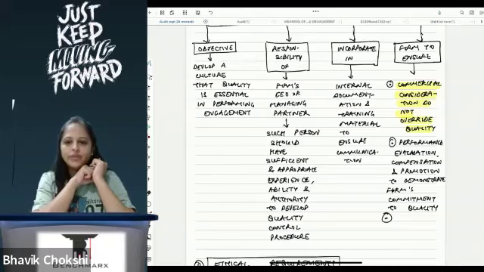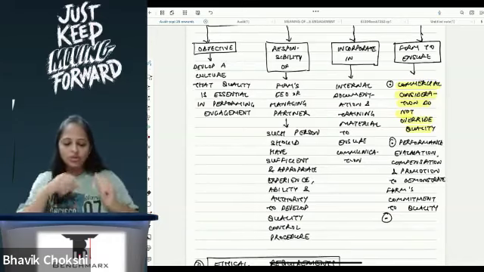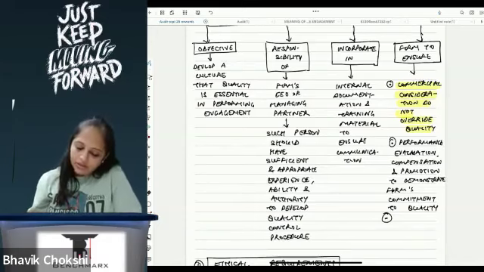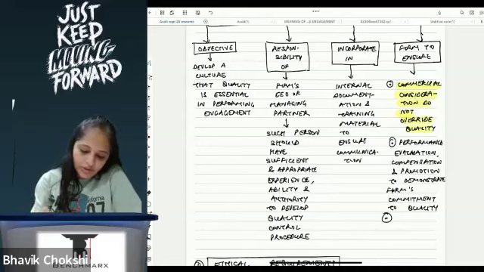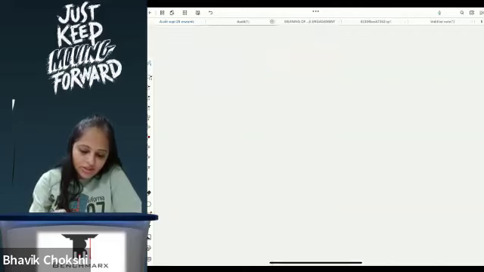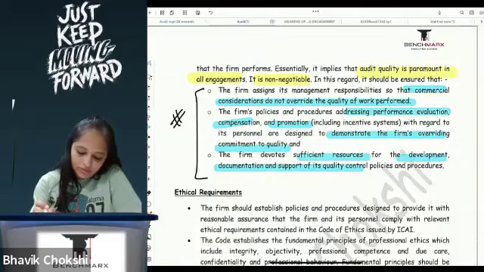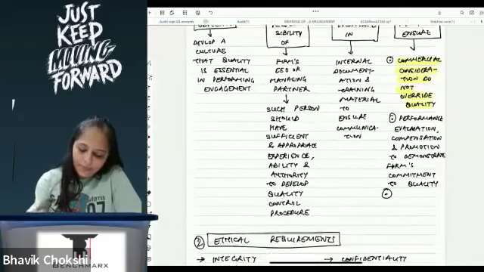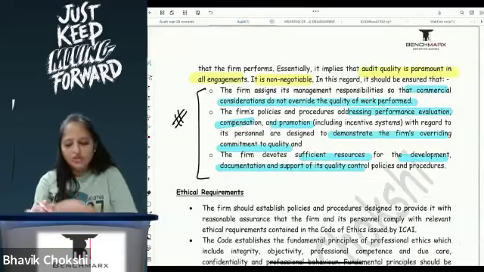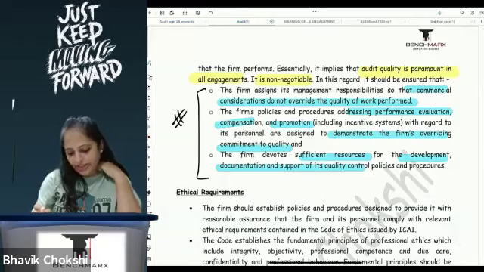And the last box, write down firm to ensure. First, write down commercial considerations do not override quality.